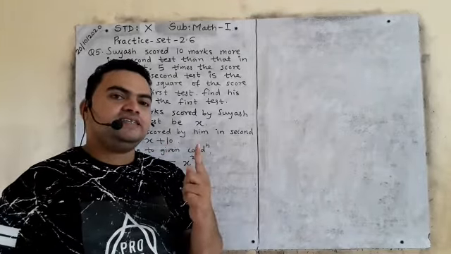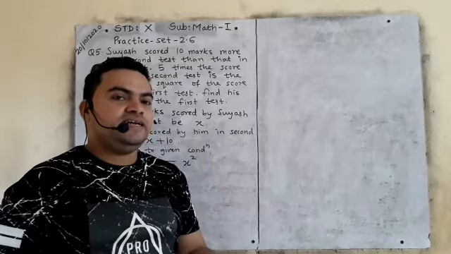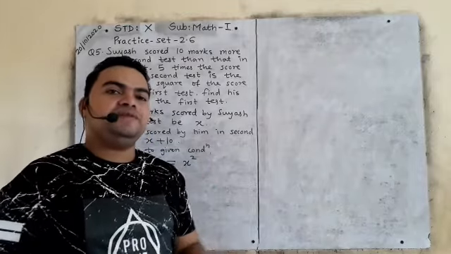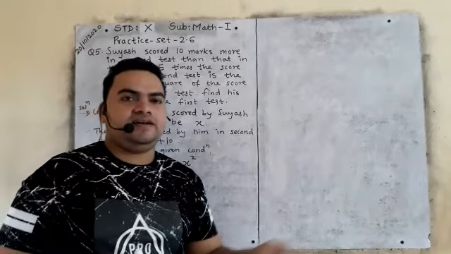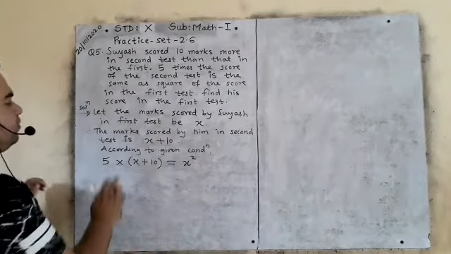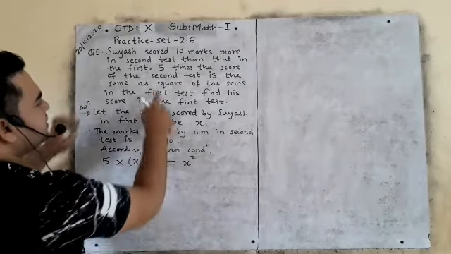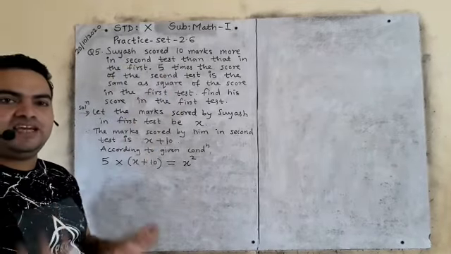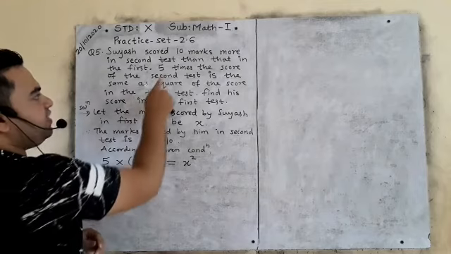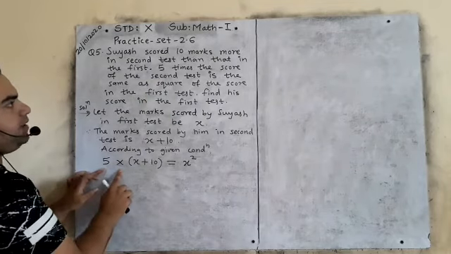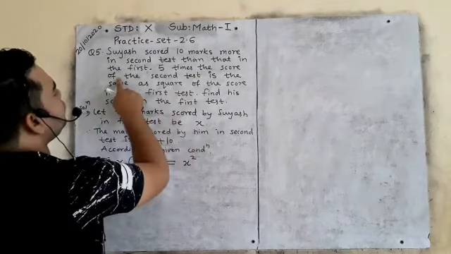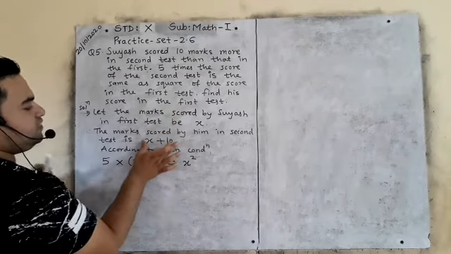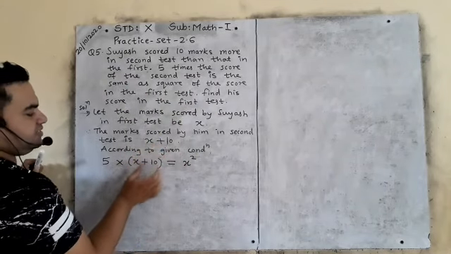Understood? First test x marks. Second test 10 marks more. It means x plus 10. Is it clear? Okay. Now according to the given condition, what is the given condition? 5 times. What is the meaning of times? Multiplication. Clear? 5 times means 5 multiplied by the score of the second test. What is the score of the second test? x plus 10.